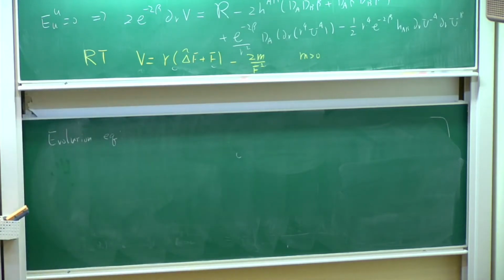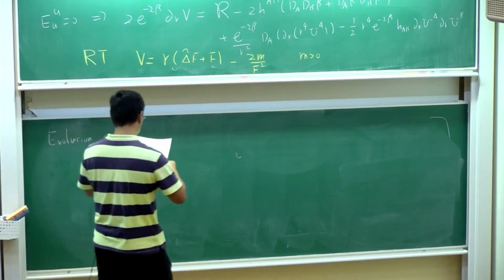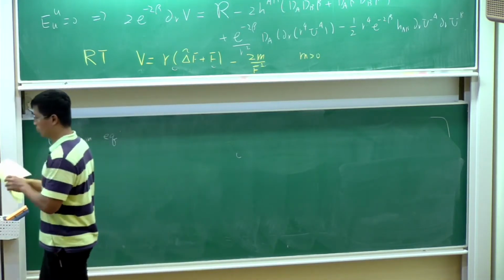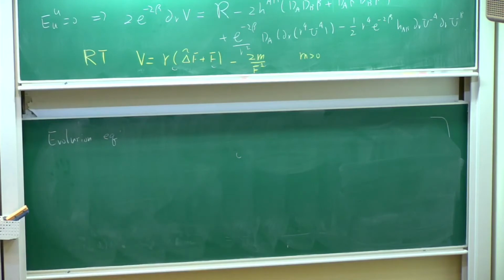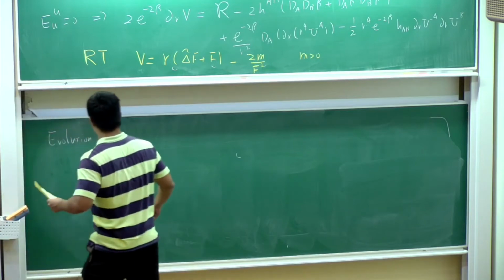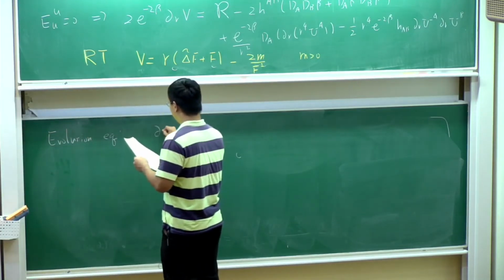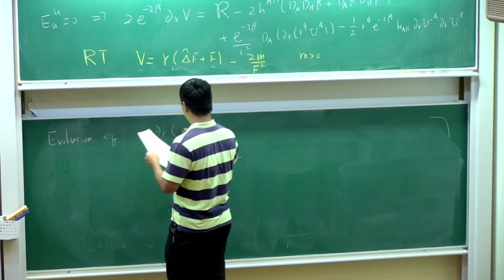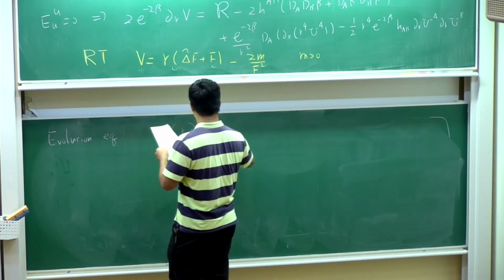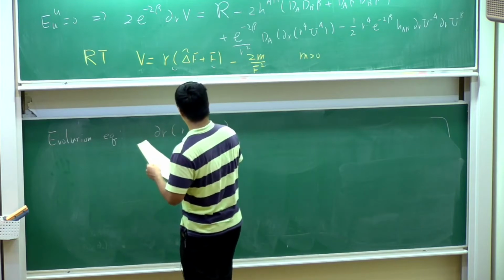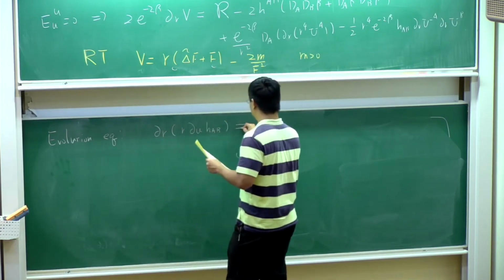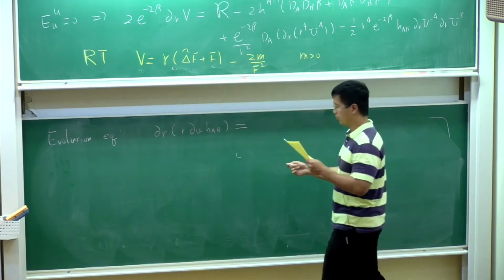The evolution equations come from the vanishing of the traceless part of E capital A capital B. And formally it will be of this form.